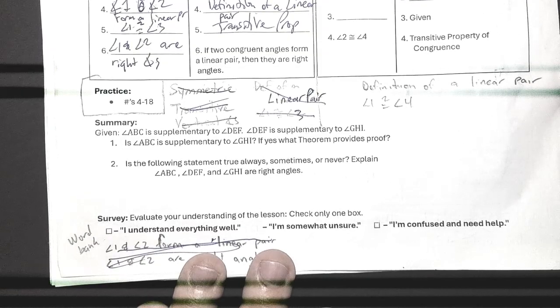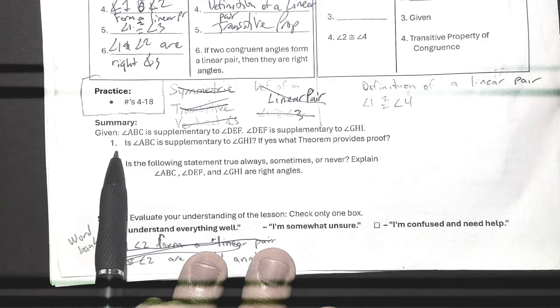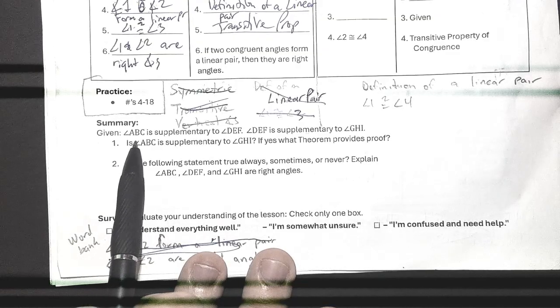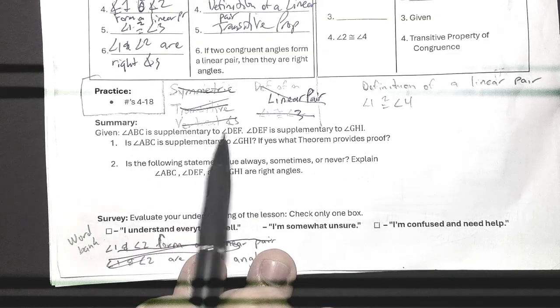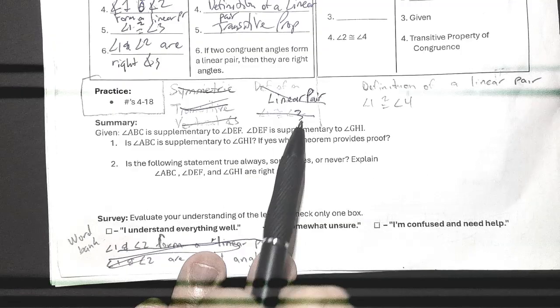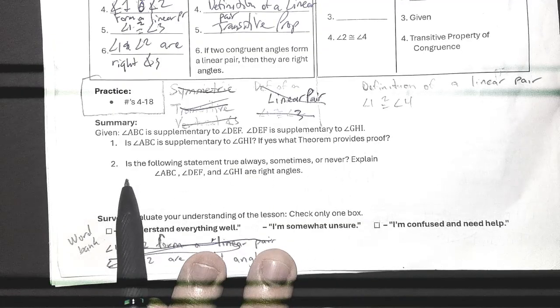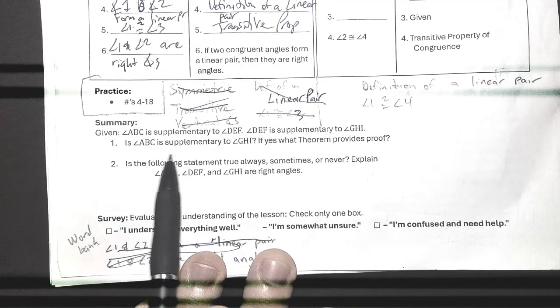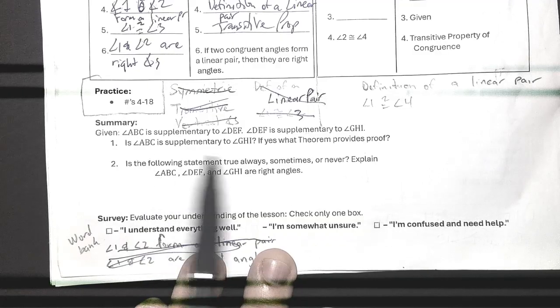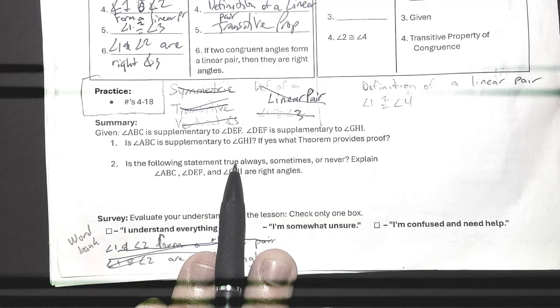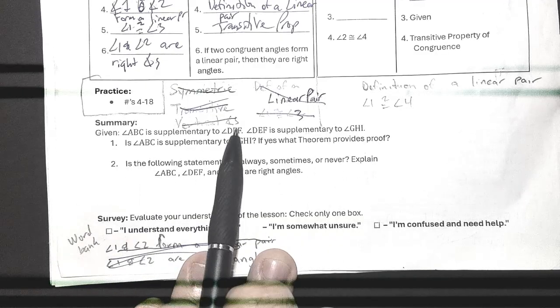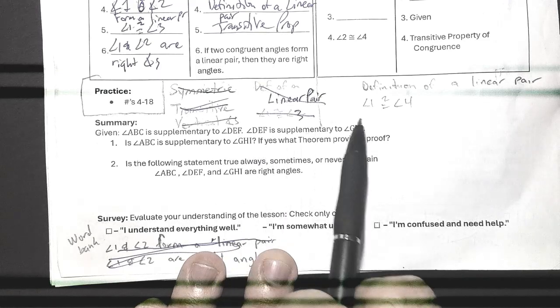How about that? So, given angle ABC is supplementary to DEF, and DEF is supplementary to GHI. All right, so is ABC supplementary to GHI? Well, it says that this is supplementary to this, and this is supplementary to that.